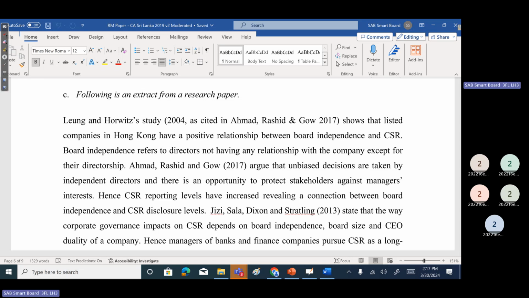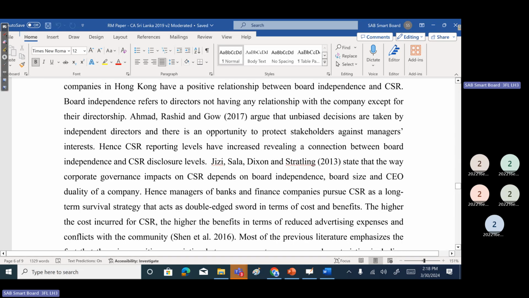COVID study 2004. Do you need to give the year of publication of the second resource? No. 2004 is not required because you did not read it. Then cited in Ahmad, Rashid, and Go 2017. Is anything wrong with that? No. But you don't need to say as. Ahmad, Rashid, and Go, there's no problem.